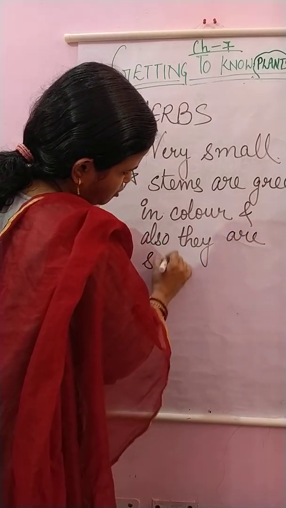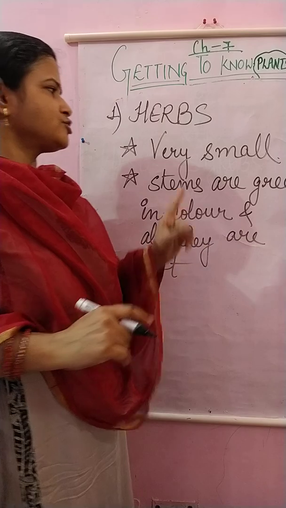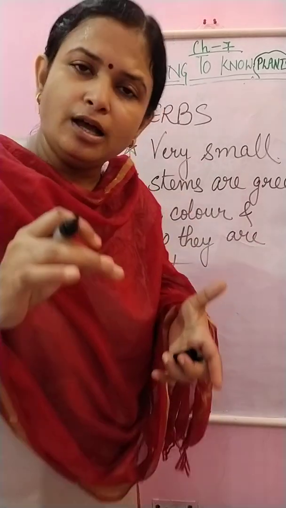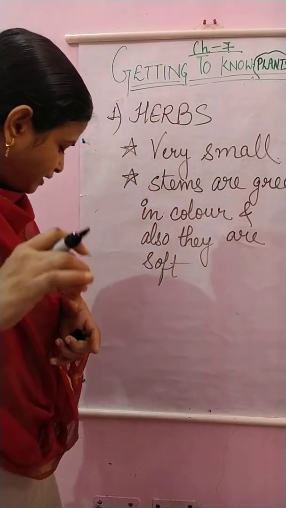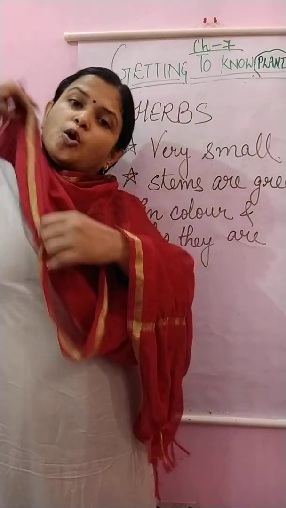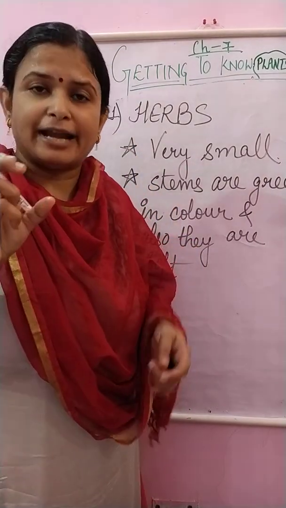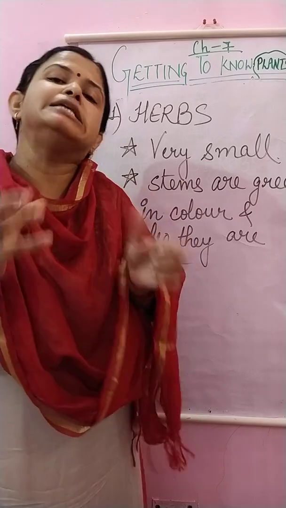They are soft. Okay, so herbs are very small. Their stems are green in color, and also they are very soft, very tender. If you try to bend them, you can easily bend them.